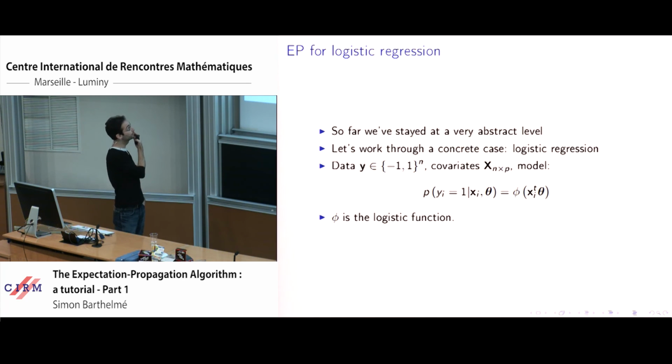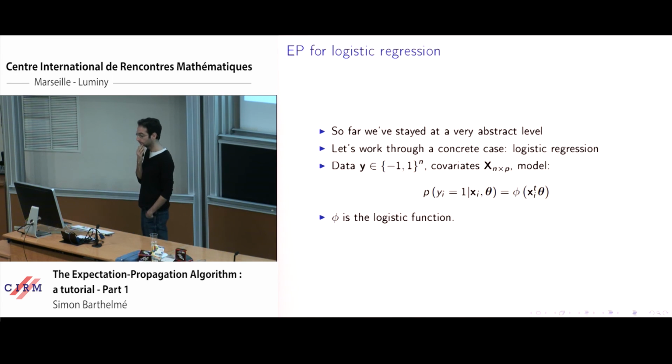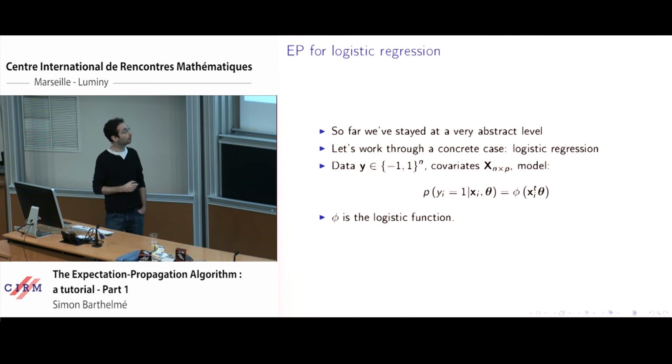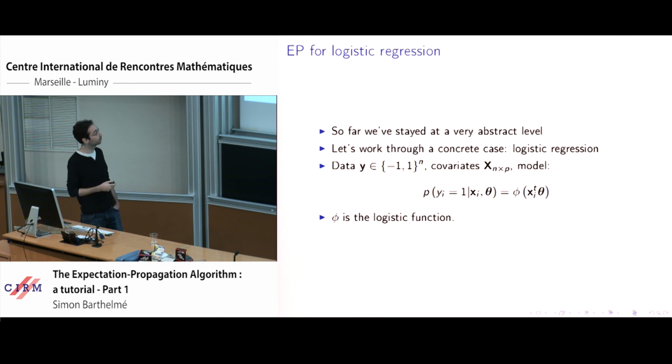So I've stayed at a very abstract level, and I'm going to try and work through a concrete case of doing logistic regression. You've seen this a few times already. My data are binary, so the outcomes are binary, but I'm going to write them down as -1, 1.